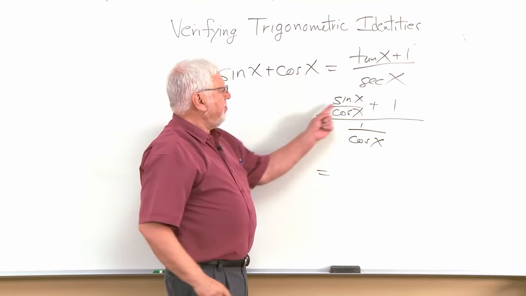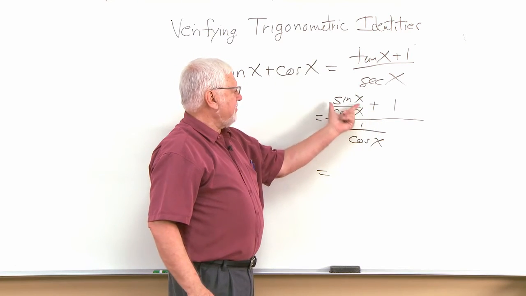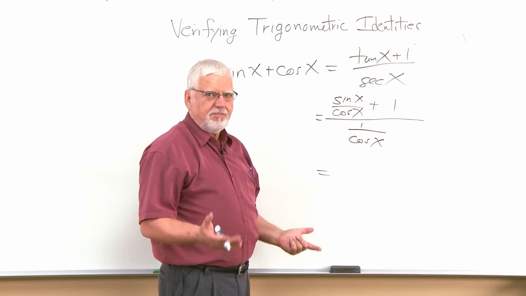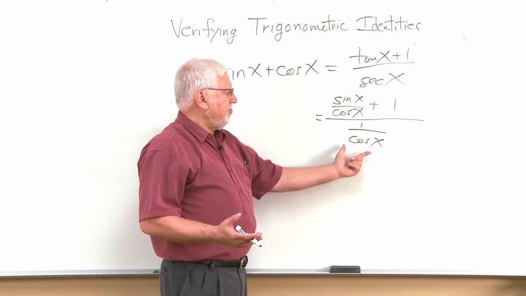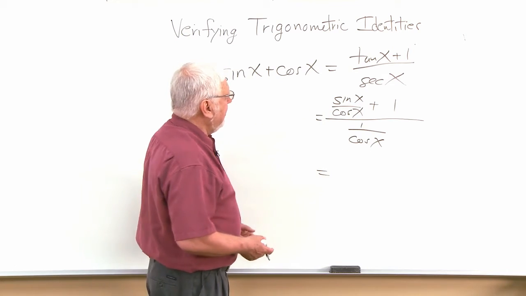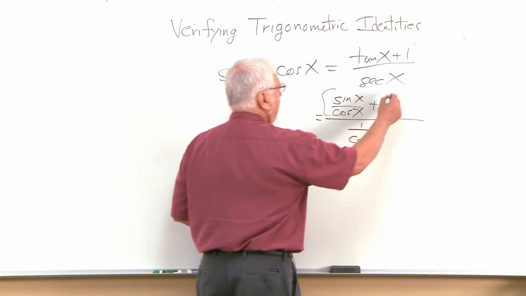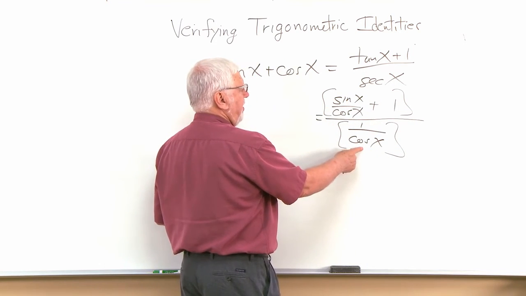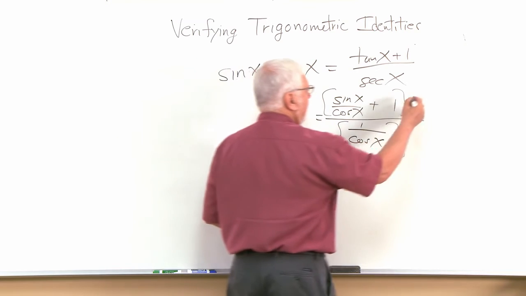Now we have a complex fraction over here, little fractions inside of a big fraction. And algebra has taught you to do something with that. If you have a complex fraction, you should always reduce it into a normal fraction by multiplying numerator and denominator by a common denominator of all your little denominators. In this case, it's just cosine x.